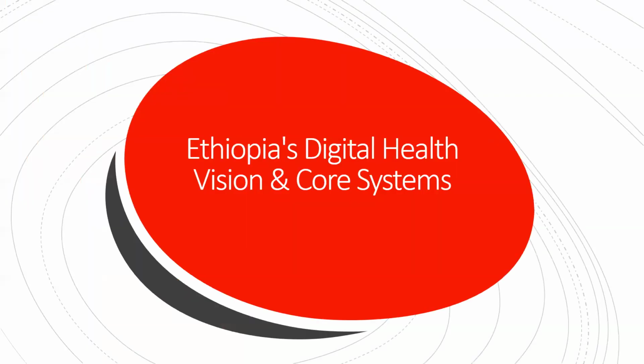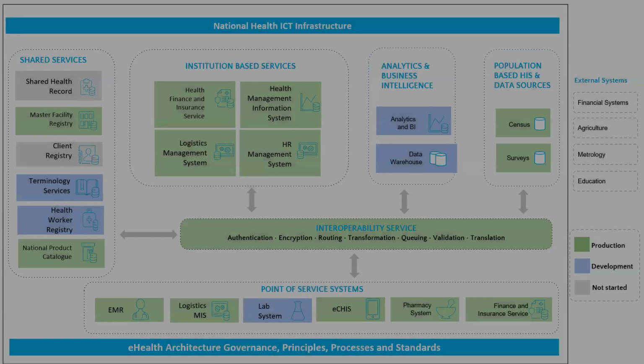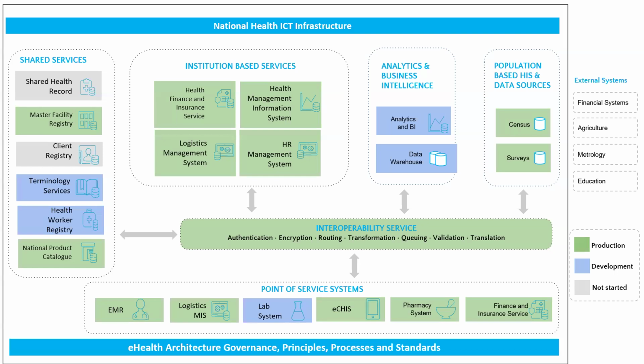As a country, Ethiopia has a vision and core systems. Ethiopia has developed a health architecture so that any digital solution should align with it. Whenever we develop any solution, we have to put it in one of the categories.